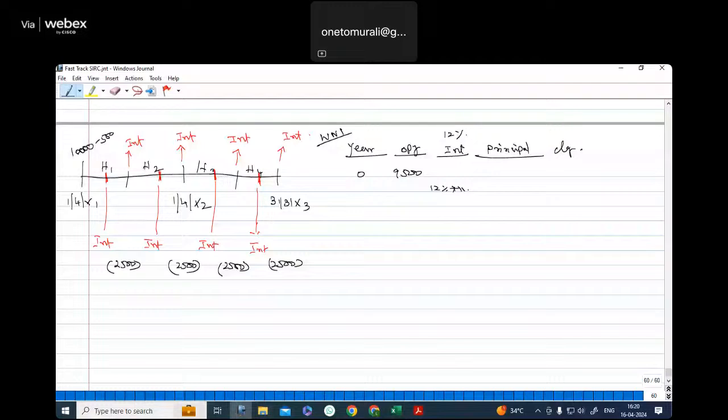See how a student will normally be thinking, that's the way I'm doing it. 10,300 plus 309 minus 2,500, 8109. Quarter number 3, 8109 into 0.12 divided by 4, 243, plus 8109.